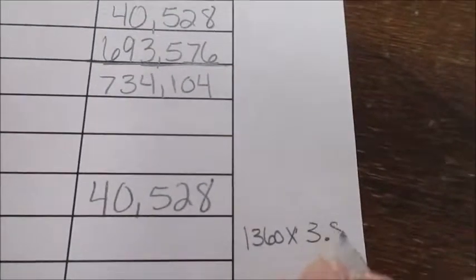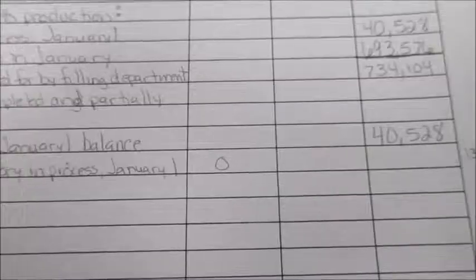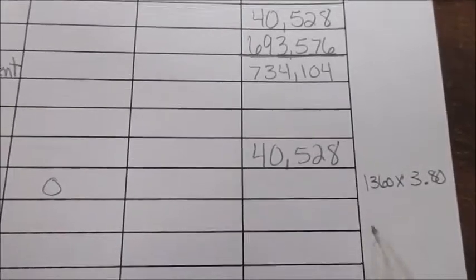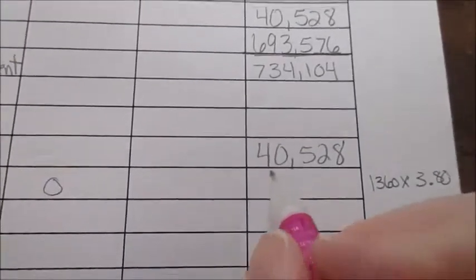So once we multiply these two numbers together, we get $5,168. Okay. We're going to put a line under here.